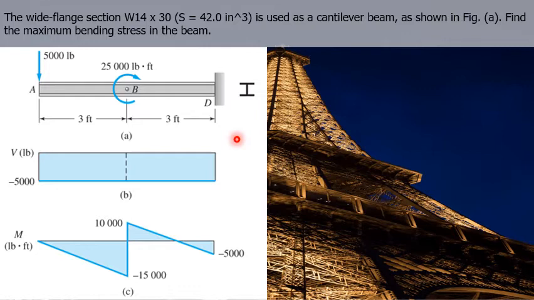Again, in this problem, we can actually sketch the shear and moment diagrams immediately. But let me first solve for the support reactions at point D, which is a fixed support.